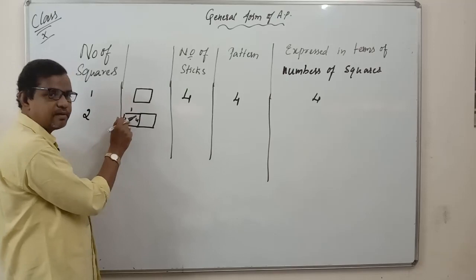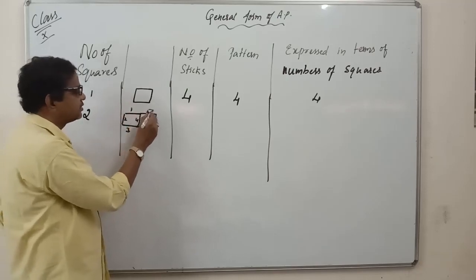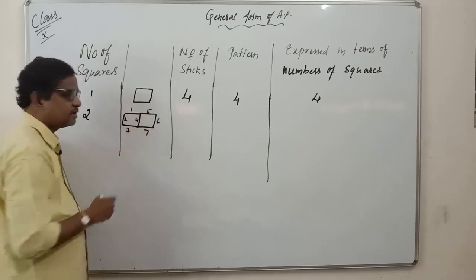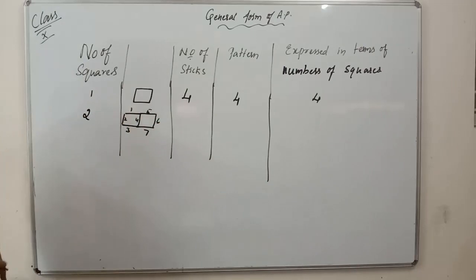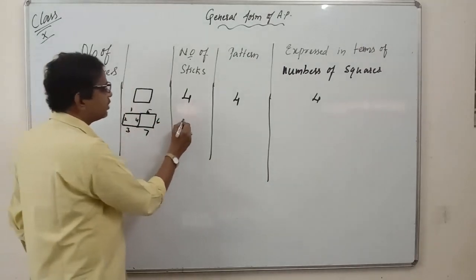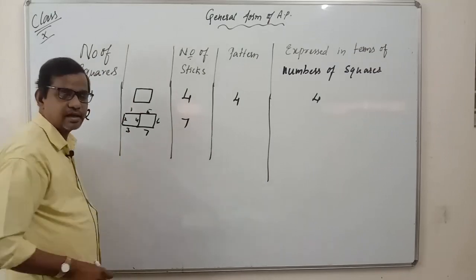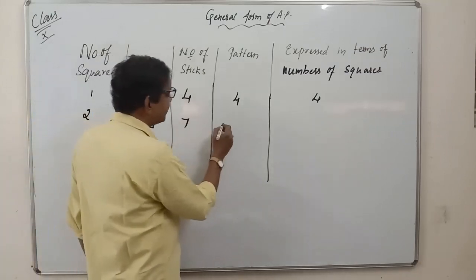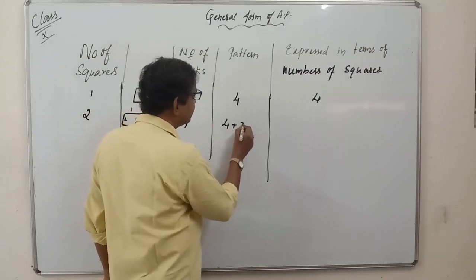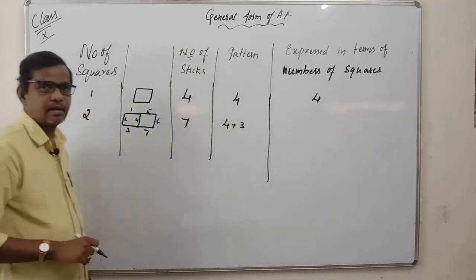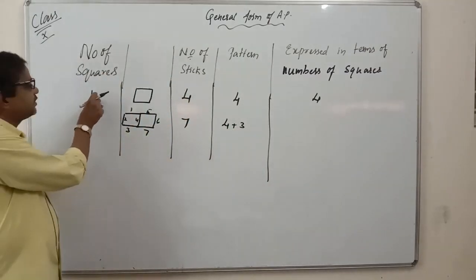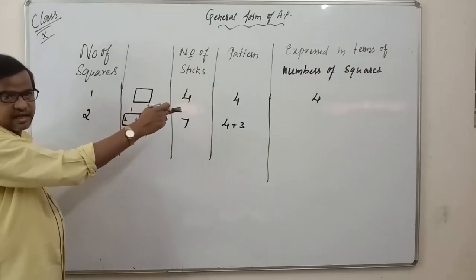Then this is the fifth one, this is the sixth one and this is the seventh one. So totally how many sticks are there? Totally 7 sticks. So 7 can be written in the form of 4 plus 3. Getting? The first one is the first square, so the pattern will be same there.